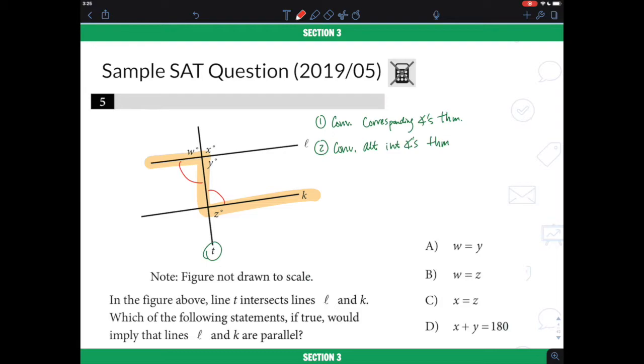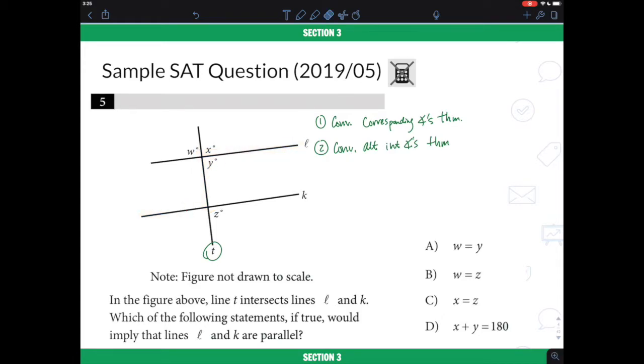Unfortunately, these two angles are unlabeled, so we cannot really use them. The letter Z that we can see is this one, so we have angle Y and this unlabeled angle as a pair of alternate interior angles. Unfortunately, that would not be an option.